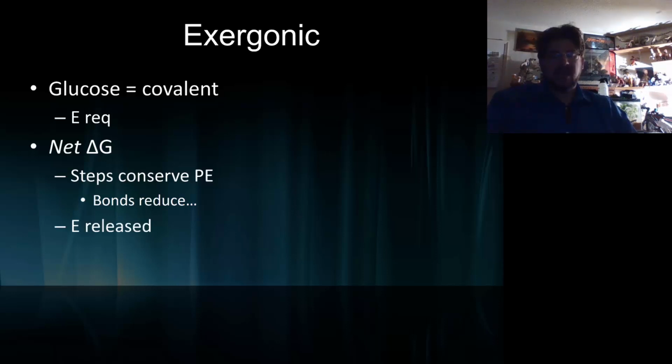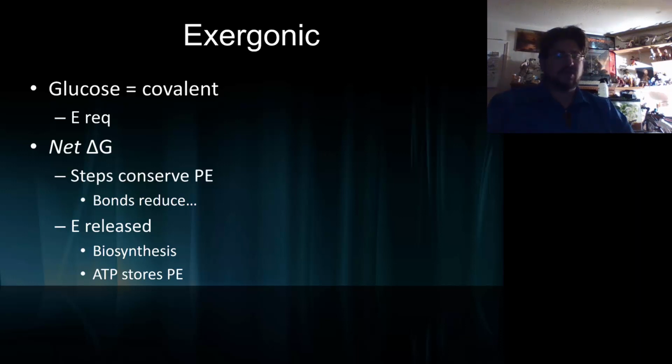So, energy released as free energy can be harvested for work. That work is generally making the ATPs or powering the next chemical reaction. Ultimately, we use the free energy from our exergonic reactions for our biosynthesis pathways, our anabolic systems that are endergonic.